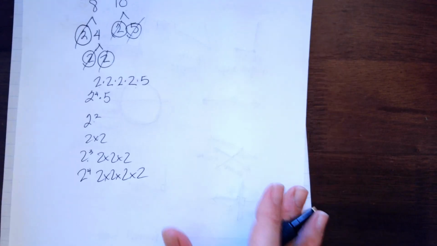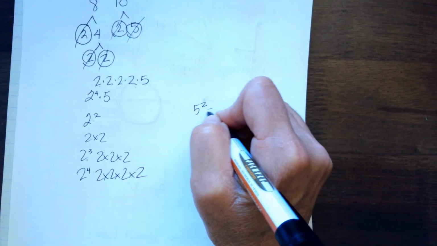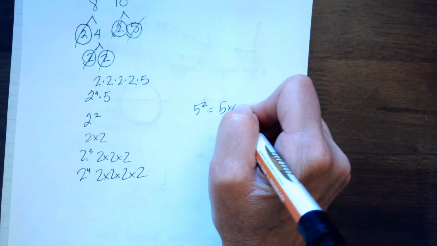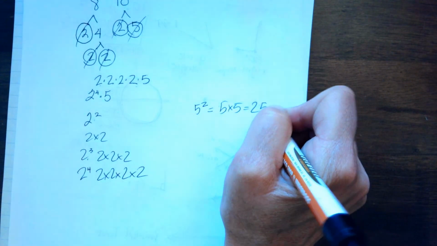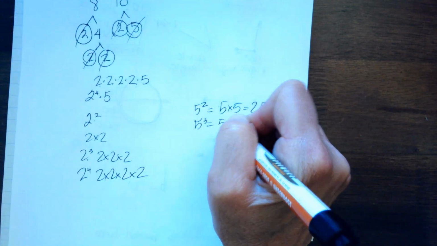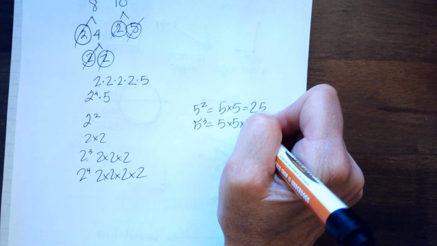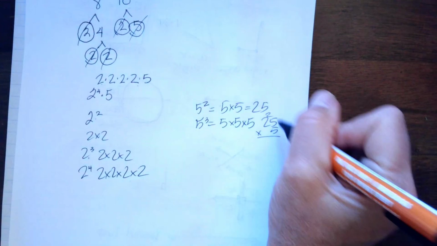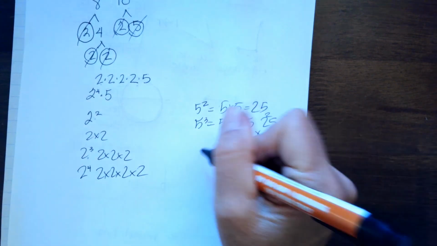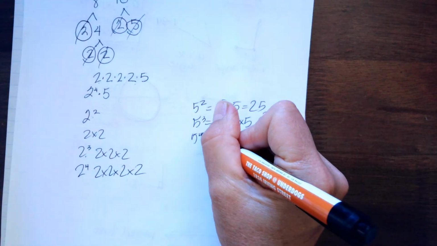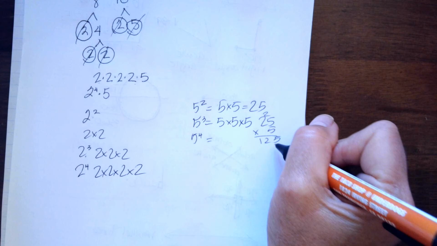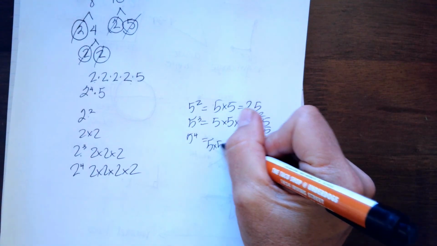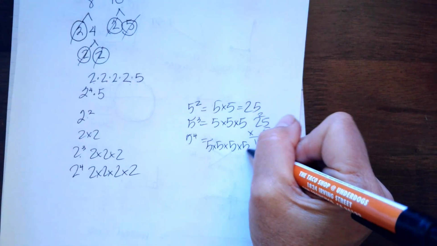So an example would be 5 squared is not 10. It's 5 times 5, which is 25. But 5 cubed gets very big. So 5 times 5 is 25, times another 5 is 125. And then if you did 5 to the 4th power, you would now go 5 times 5 times 5 times 5 times 5.